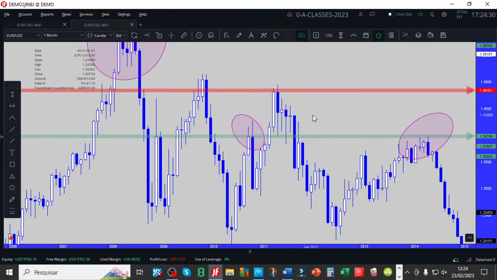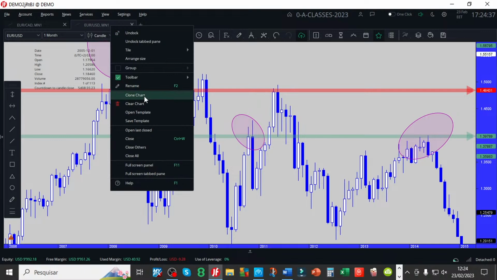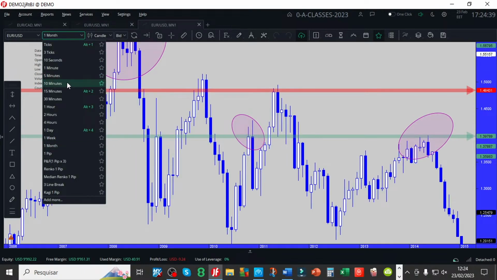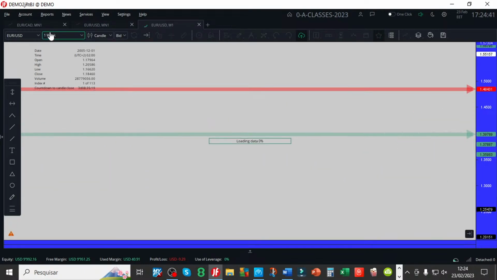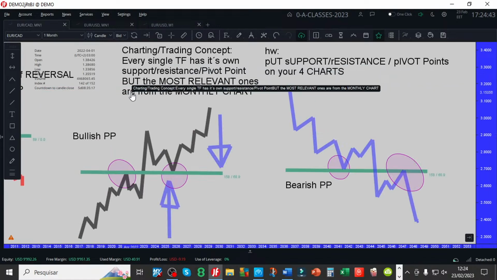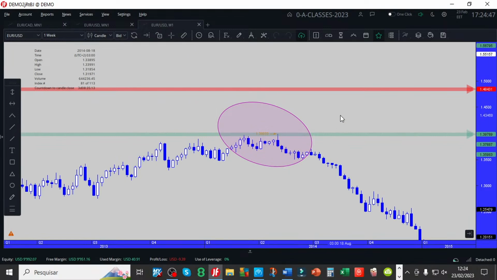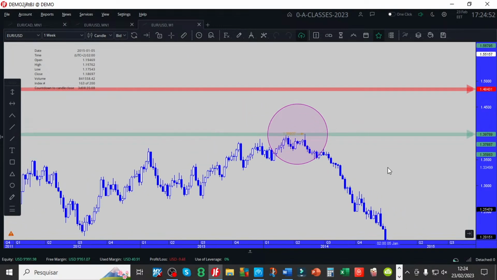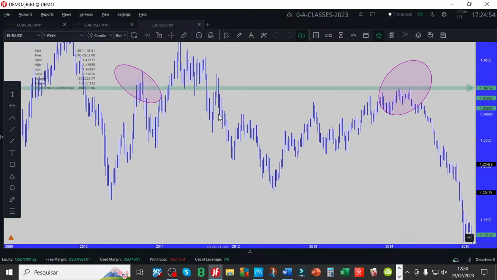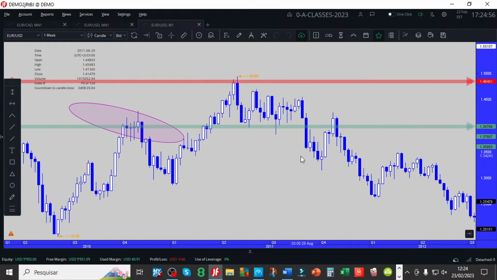Now if I clone my monthly chart, clone chart, and go to the weekly, why are we doing this? Because the most relevant ones are from the monthly chart. So now I'm looking at the weekly chart. Can you see, everybody?